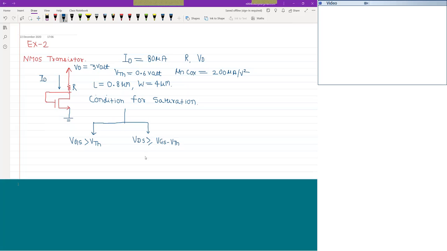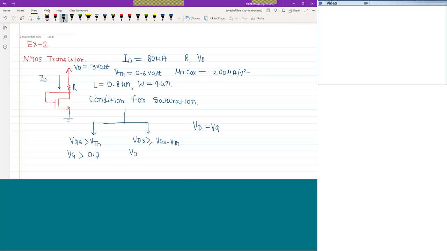So VGS, VG is VG. If the channel is formed in the transistor, with VTH value 0.7 volt, then let's write what VDS is. VDS is VD only. Or I can say, for this transistor VD is equivalent to VG.